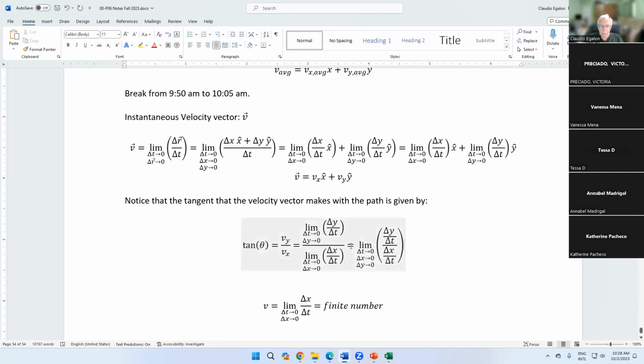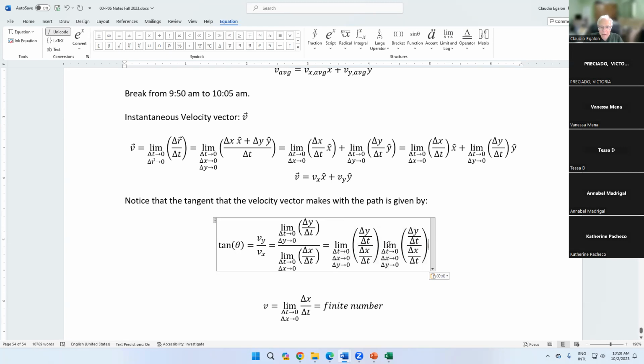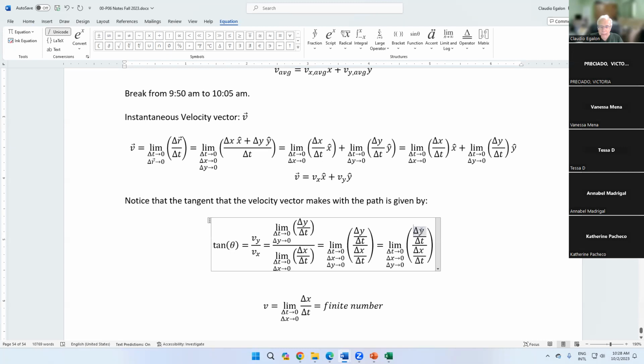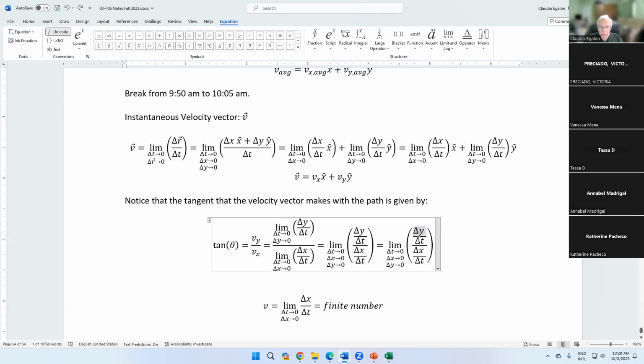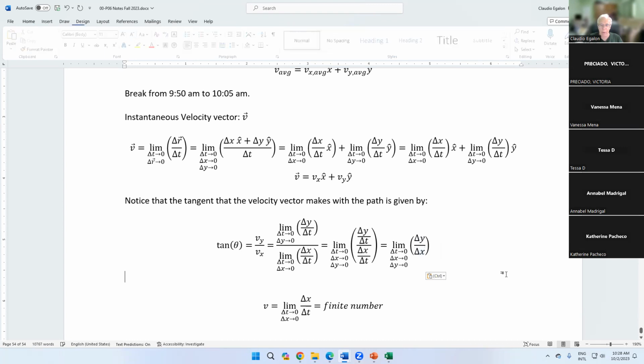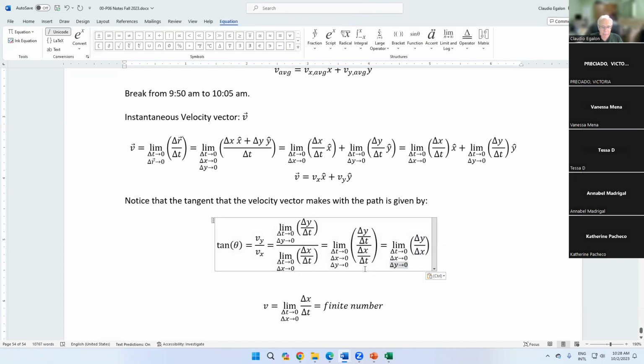It can be rewritten as, oops, I forgot the equal here, delta y over delta x, which, by the way, we do not need the delta t anymore, because we cancel out the delta t.